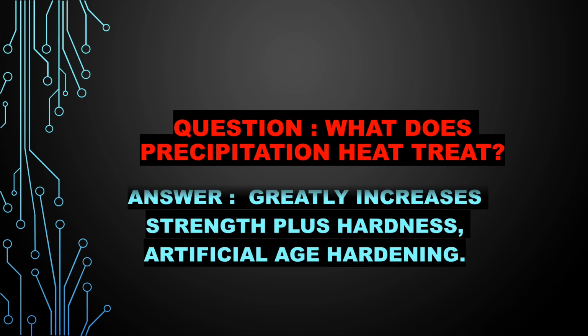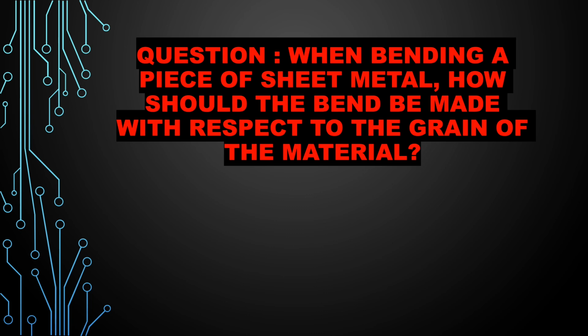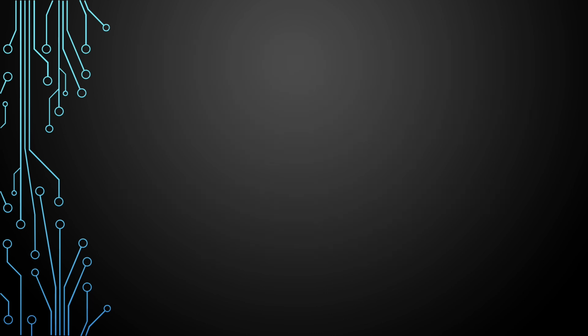Answer: Greatly increases strength plus hardness, artificial age hardening. Question: When bending a piece of sheet metal, how should the bend be made with respect to the grain of the material? Answer: Bends should be made across the grain, perpendicular.